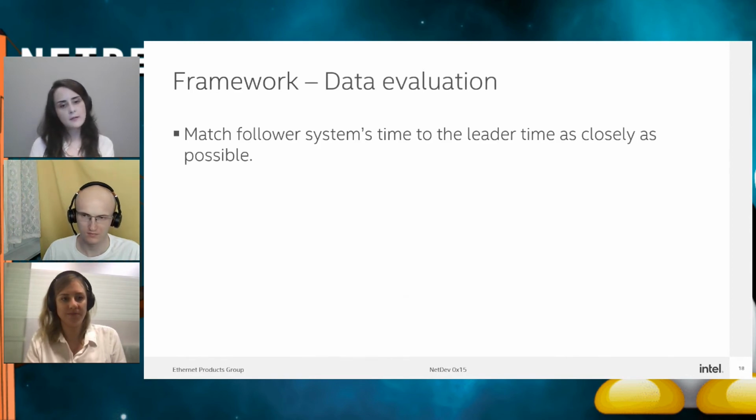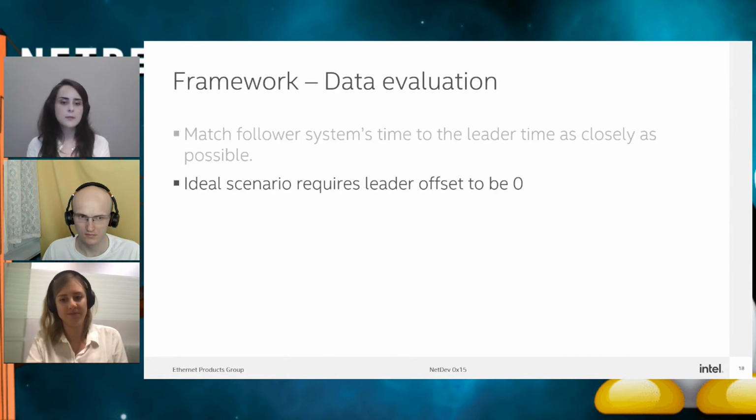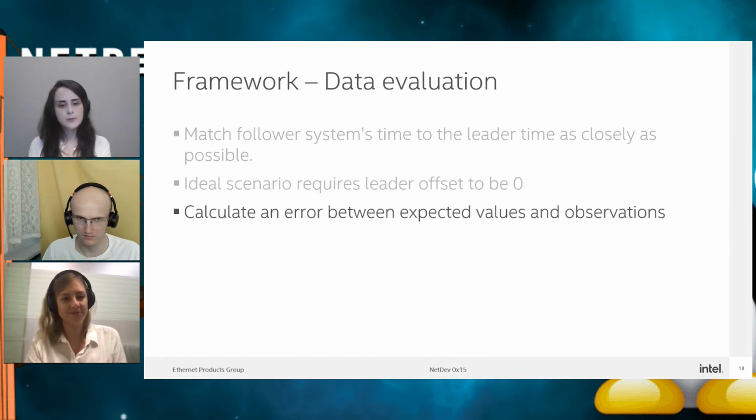So the primary goal of our algorithm is to make our follower system's time match the leader time as closely as possible. That's why we tune PI parameters to minimize the leader offset. In an ideal situation, the offset between the leader and our system time is equal to 0. As I mentioned before, evaluation procedure is needed to calculate the difference between expected and observed values.